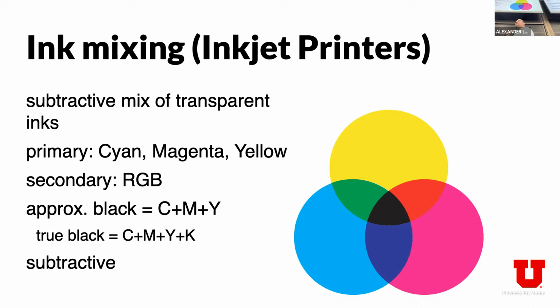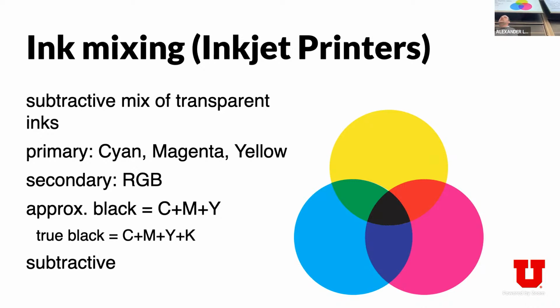But the reason why those are chosen over the red, yellow, and blue ones is that if you use those colors, we can create a wider spectrum. And the secondary colors here are red, green, and blue. And typically in printing, we have another component, a true black, as an added pigment here. And so these are also subtractive primary colors.